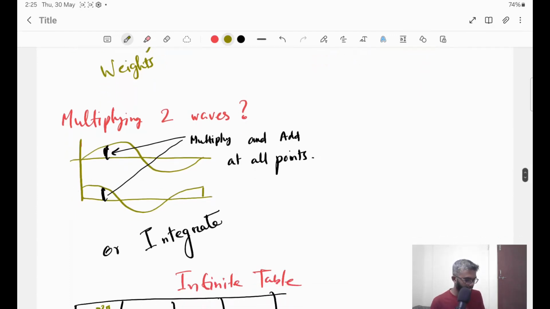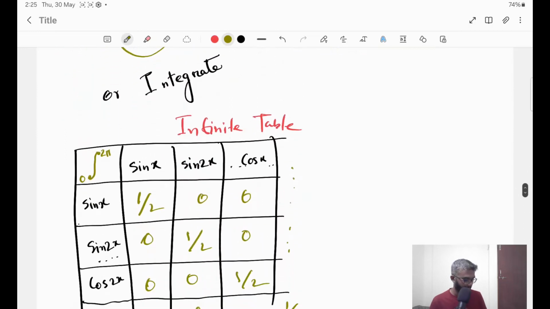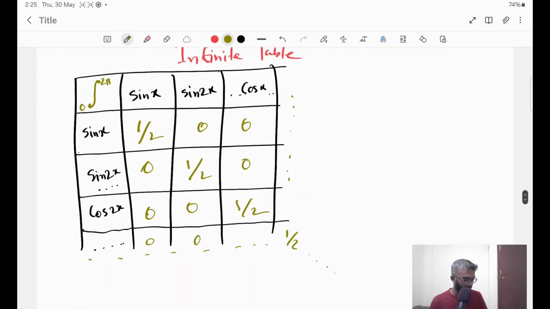So if we create a table of integration among those sine waves, it turns out that all the non-diagonal elements become 0. For example, the integration of sin 2x and sin x is 0. Only the diagonal elements, where we are integrating a wave with itself, are non-zero, and their value turns out to be 1/2.